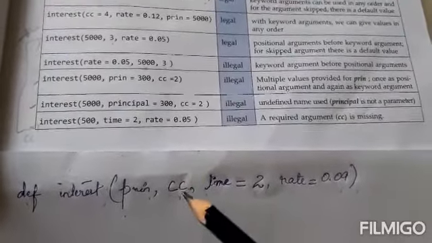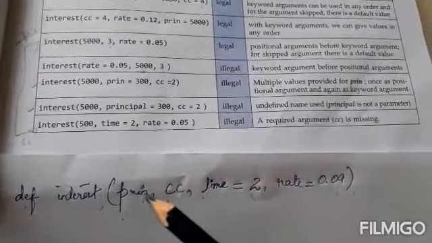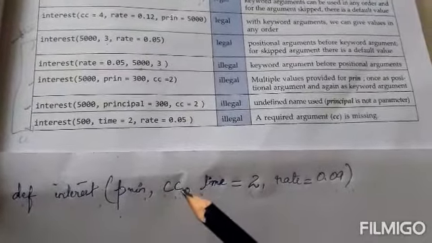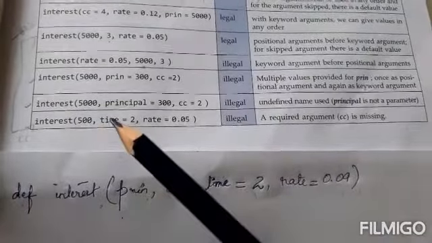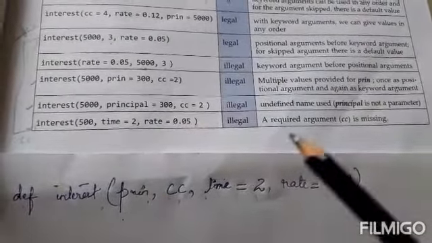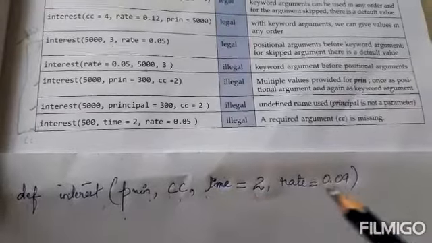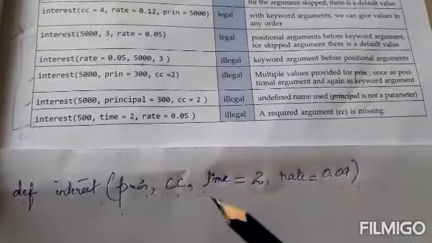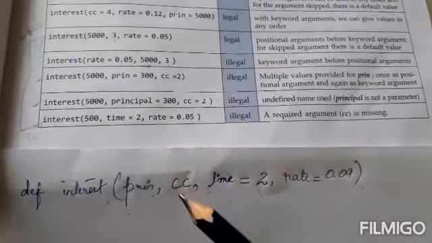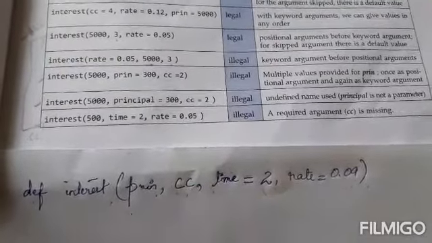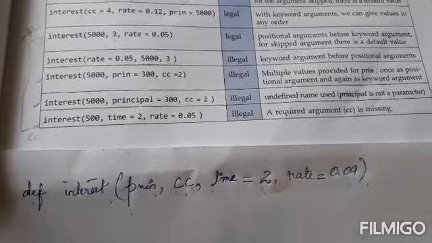So here, fewer arguments are passed. You expect a principal, a CC, a time and rate, but only the principal is passed. Time and rate, even if not passed, are fine, because they are default keywords. Whereas CC expects some value from the function call, but it is not specified. So that is why this is an error.